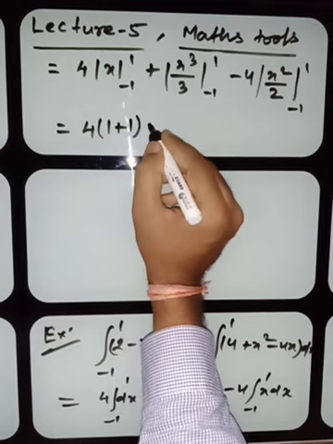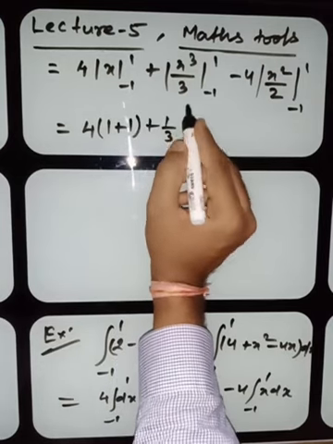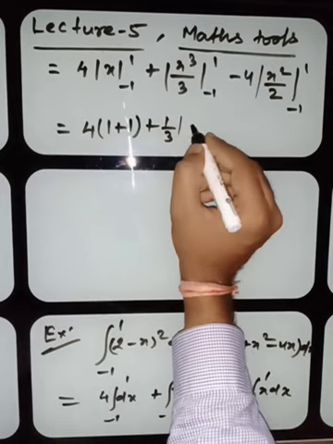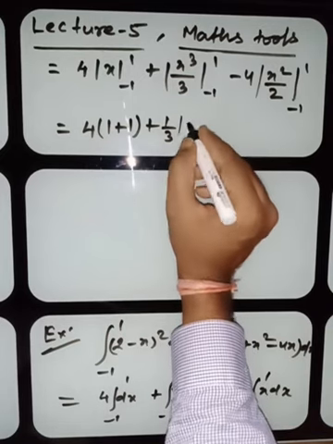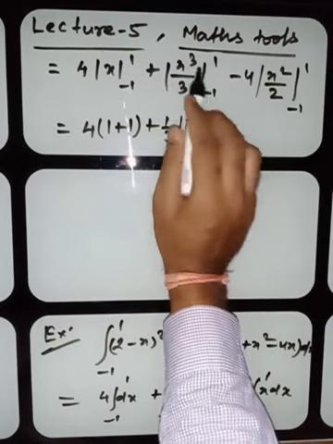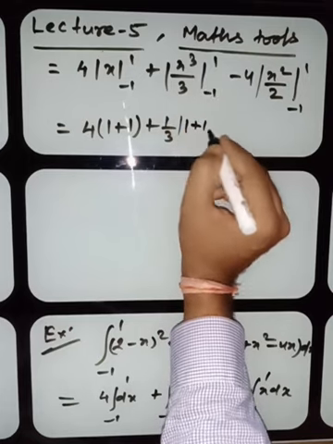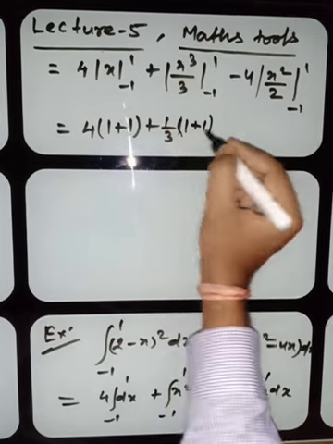All right, plus 1 by 3, this constant taken out. Now we'll put the limits, so 1 minus the cube of minus 1 will be minus minus plus 1.